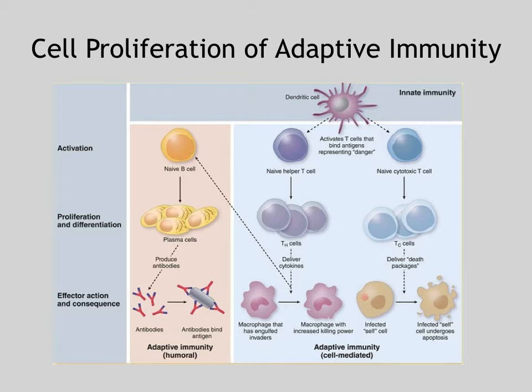This will cause the dendritic cell to migrate to the lymph nodes for presentation of this antigen, but it will also induce the dendritic cell to produce co-stimulatory molecules. And those molecules are going to activate our helper T cells, which will then divide and carry out their own functions, both activating macrophages, activating B cells, and telling other parts of the immune system what to do.